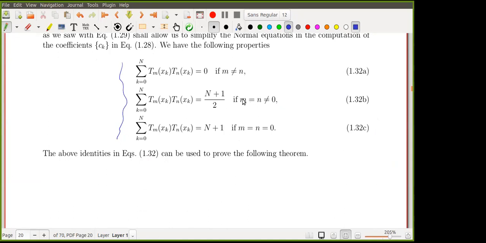So you can see here, if m is equal to n but not 0, I say pi or pi by 2, that is in the continuous case, but currently we are dealing with the discrete. Sorry for that. So it will be n plus 1 by 2 when m is n but not 0, but if they are both equal to 0, it will be n plus 1.